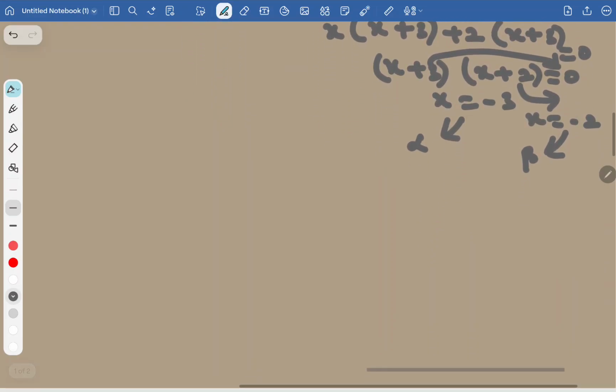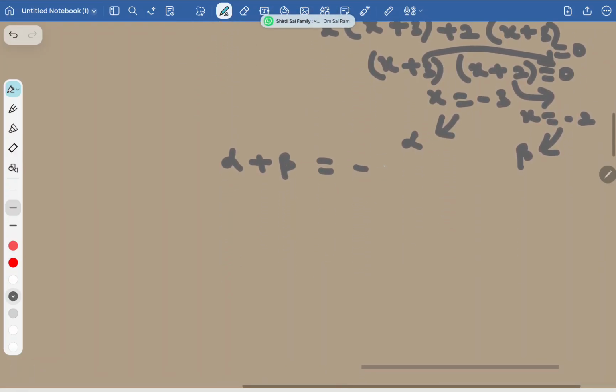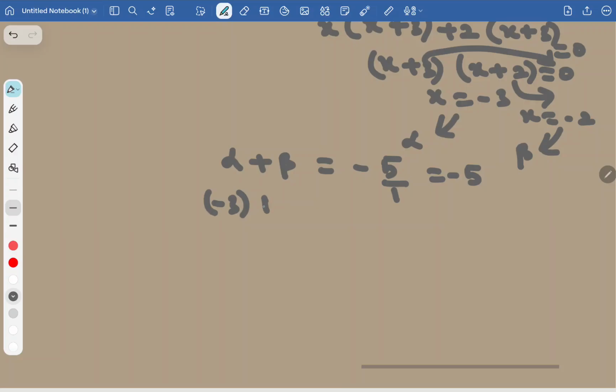Now I am going to verify the relation. Sum of the zeros, alpha plus beta, equals minus coefficient of x, 5, by 1, minus 5. Alpha value is minus 3, beta value is minus 2, minus 3 minus 2 equals minus 5.